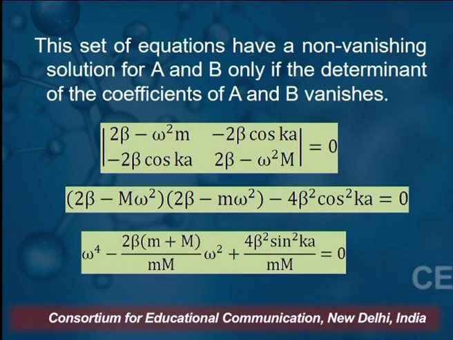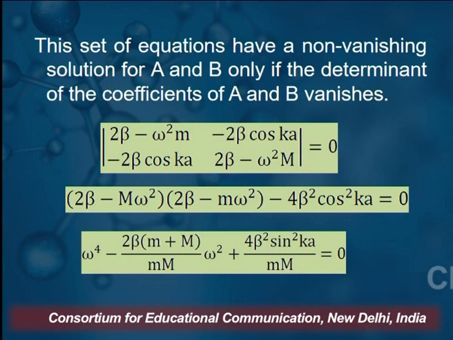Solving the determinant, it takes the form 2 beta minus M omega square multiplied by 2 beta minus m omega square, minus 4 beta square cos square Ka equal to 0. After rearranging, it takes the form omega to the power 4 minus 2 beta (m plus M upon mM) omega square plus 4 beta square sin square Ka upon mM equal to 0. This is a quadratic equation in omega square.